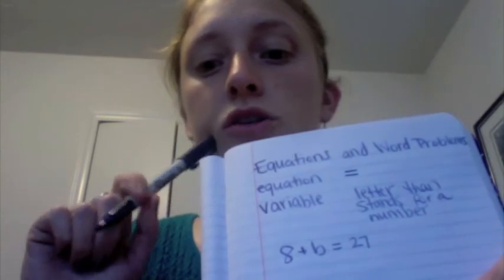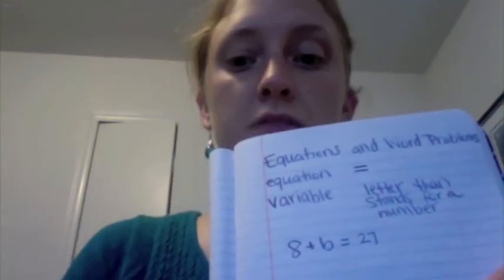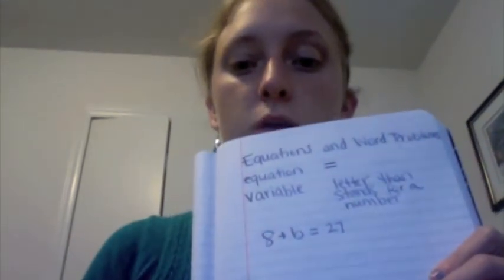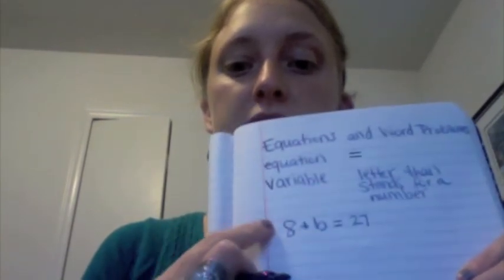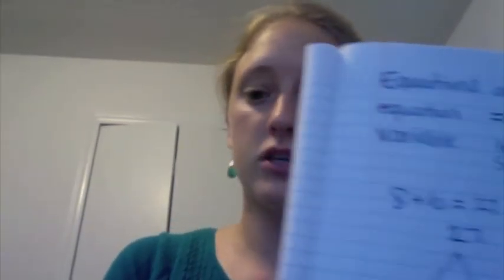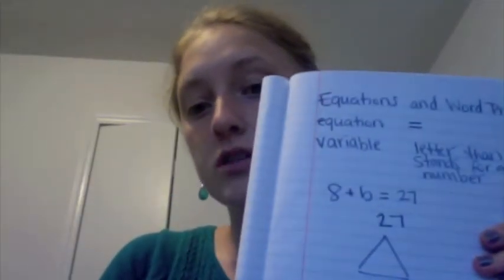So we also learned that we can turn equations around some if we need to. This equation, if you look at it, is an addition equation. So we can make an addition triangle, kind of like we did with multiplication and division. We know that the total is 27.